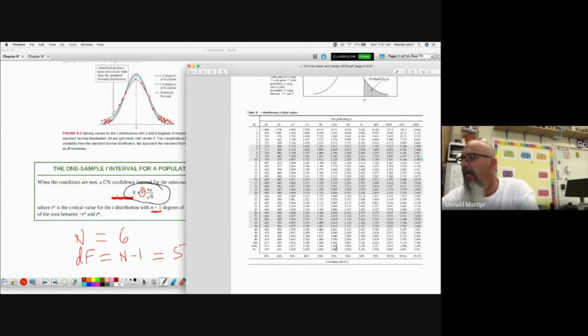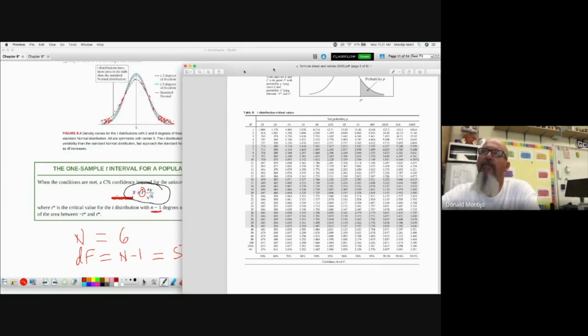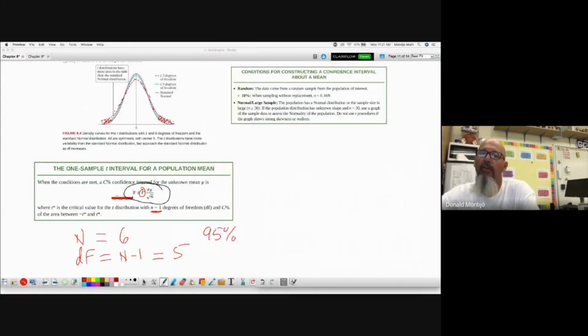Oh, 95 and 5. My T star or my critical value would be 2.571 standard deviations away from the mean. We're going to have to use that table every time for these T stars, or we can use the calculator.